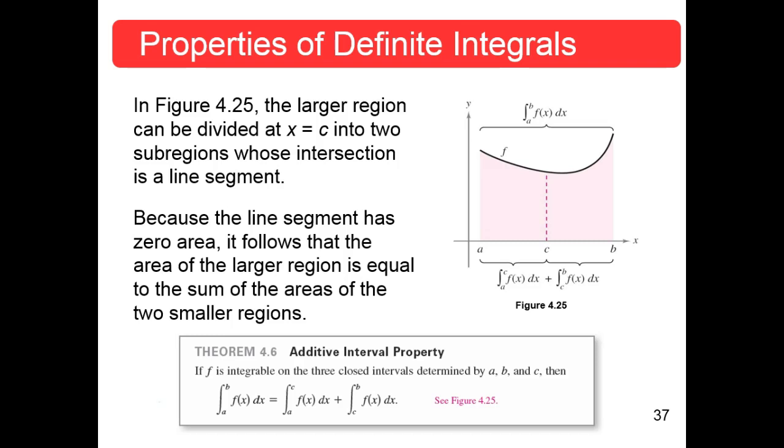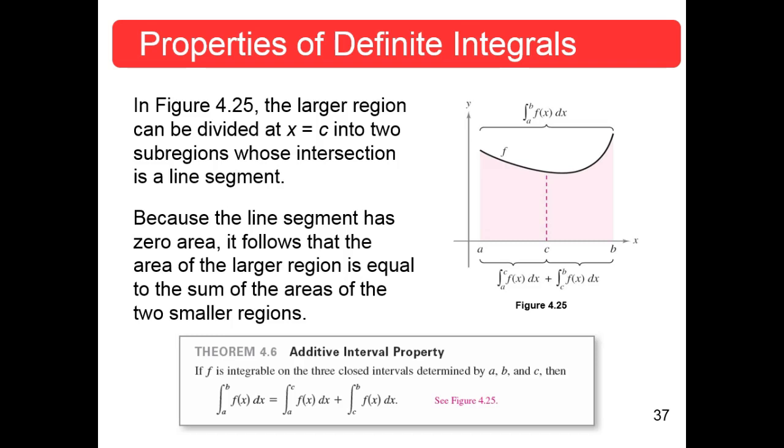Because the line segment has 0 area, it follows that the area of the larger region is equal to the sum of the areas of the two smaller regions. So this area plus that area is that area. Now again, they're using the illustrations of areas. Integrals don't have to be areas, but this one, of course, is a good representation of it.